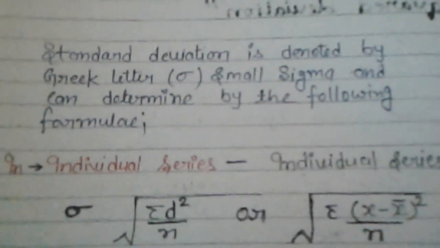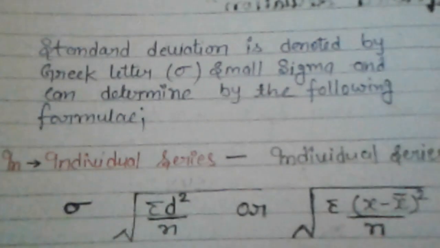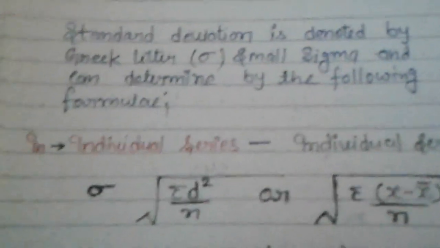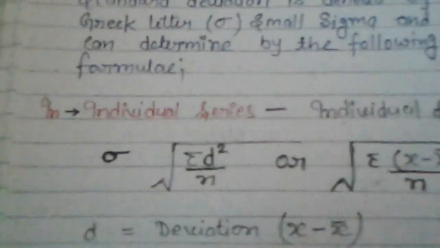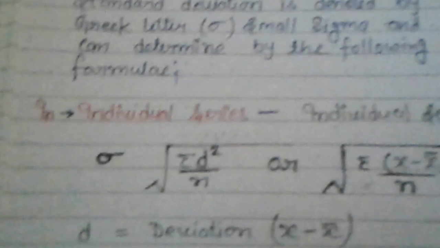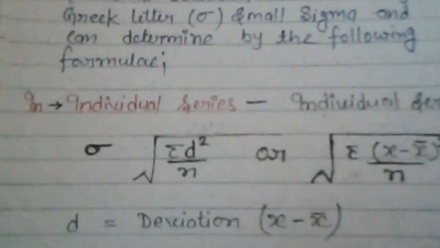Standard deviation is denoted by the Greek letter small sigma and can be determined by the following formula. Friends, we know there are three series: individual, discrete, and continuous.